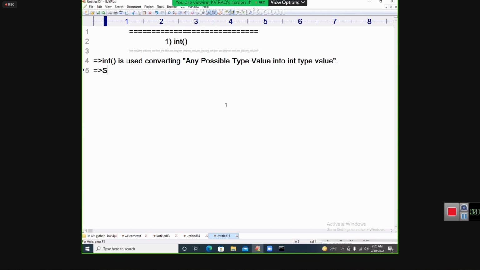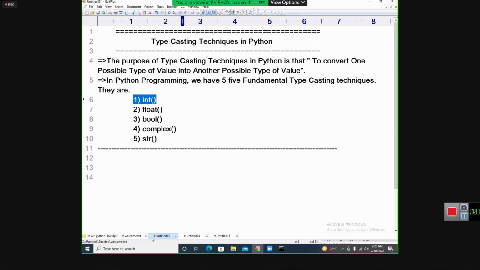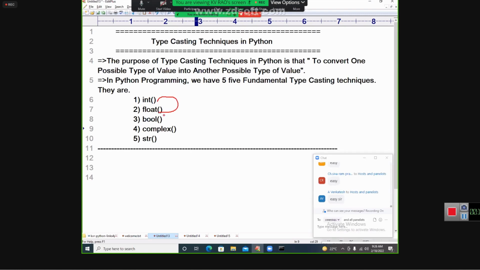Sir, what is the syntax? Very, very simple. Variable name is equal to int of. What values can you convert? Look at these conversions, my dear students. I want to convert float into int, bool into int, complex into int, str into int.